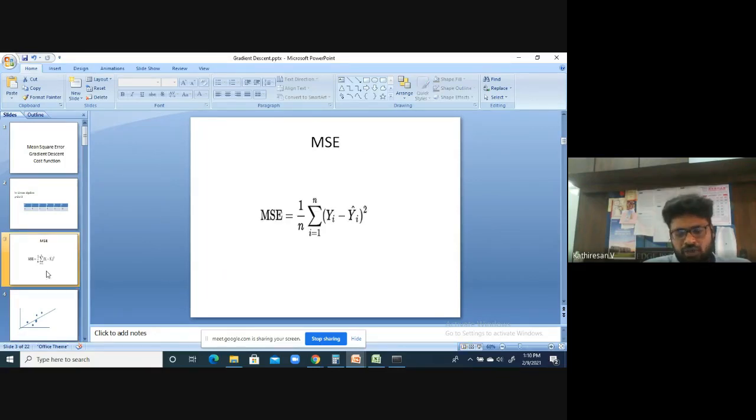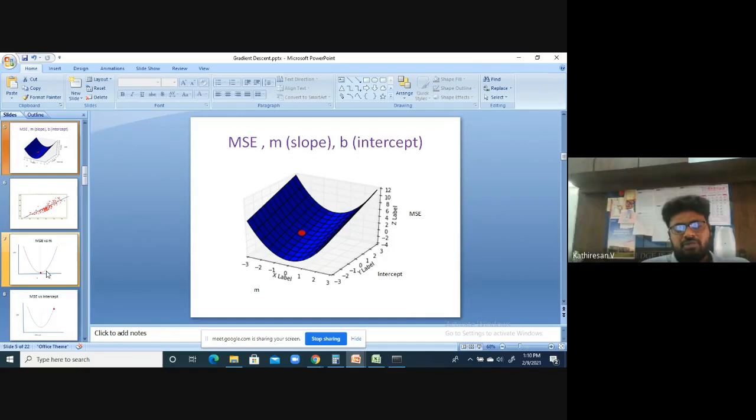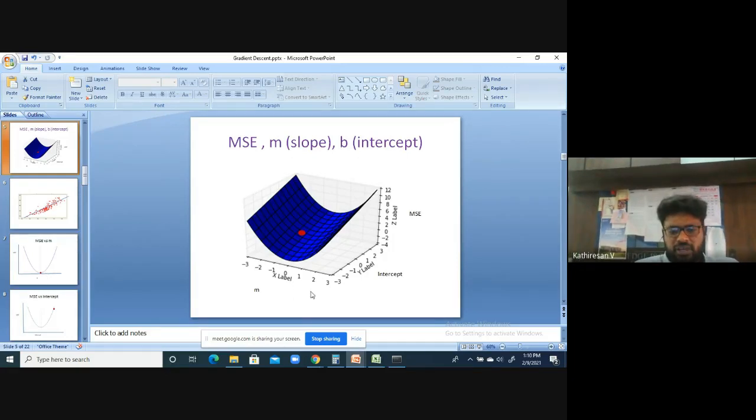Now in this three-dimensional space, we are plotting M, B and MSE. M is the slope and B is the intercept. Initially MSE is high, then MSE is getting reduced, getting reduced, and at some point MSE reaches the global minima.